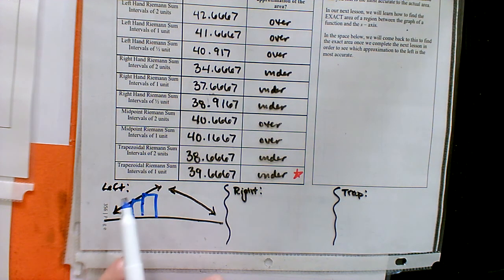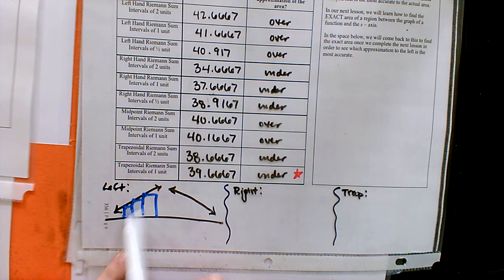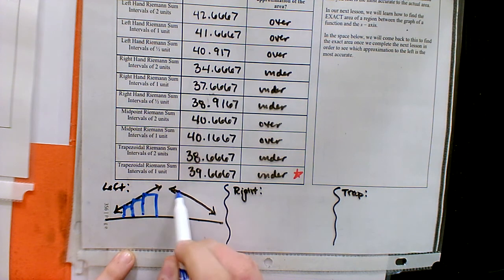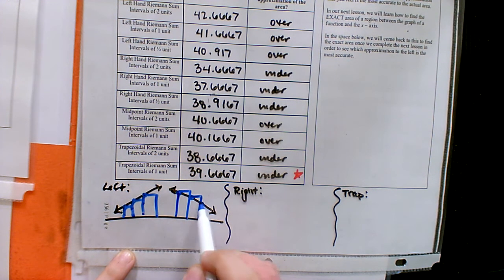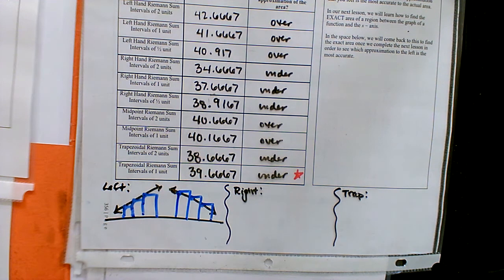Okay, so this is what our rectangles might look like on a left endpoint for this increasing graph. If we do left endpoint on a decreasing graph, though, it's going to look something like this. So what if we have left endpoints on an increasing function, over or under estimate?